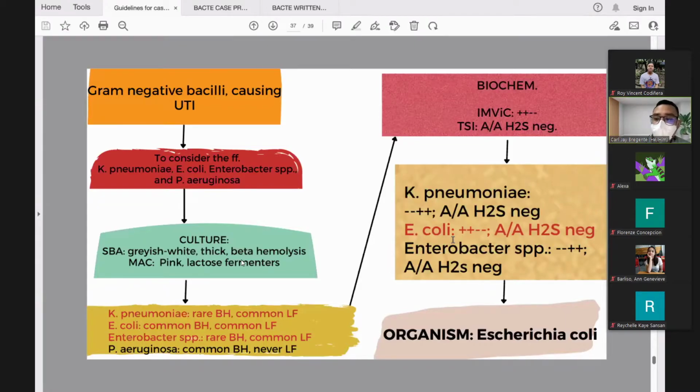For E. coli, it is similar, so we check it. Then for Enterobacter, we check the IMViC reaction again. It's negative, negative, positive, positive, although the TSI result is acid, acid, H2S negative. Since they do not have the similar IMViC, Enterobacter and Klebsiella are out. The only one similar among the 3 is E. coli. Therefore, E. coli is the causative organism of the case. That's your final organism.